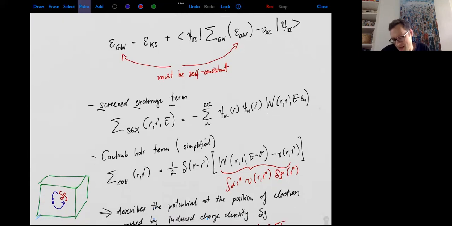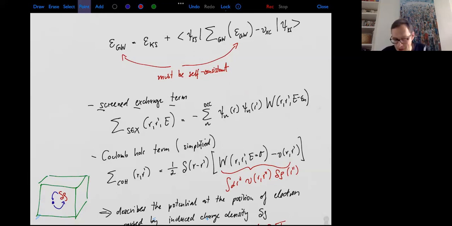Yeah, so actually calculating the screened interaction is quite numerically intense. So that is sort of a very difficult quantity to calculate. And then of course you have the usual problem of dealing with a non-local potential. So there's a number of complications.